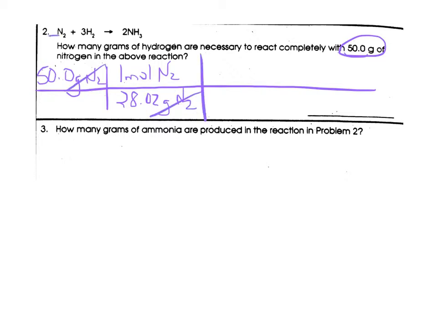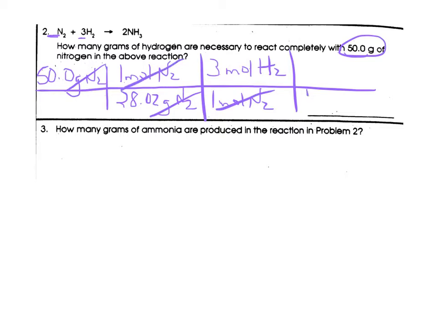And then coefficients of the balanced equation. There is nothing in front of the N2, so that means there's 1 mole of N2. But for hydrogen, there is a coefficient of 3 for 3 moles of H2. So we need 3 times as much hydrogen as we do nitrogen for this reaction to take place.